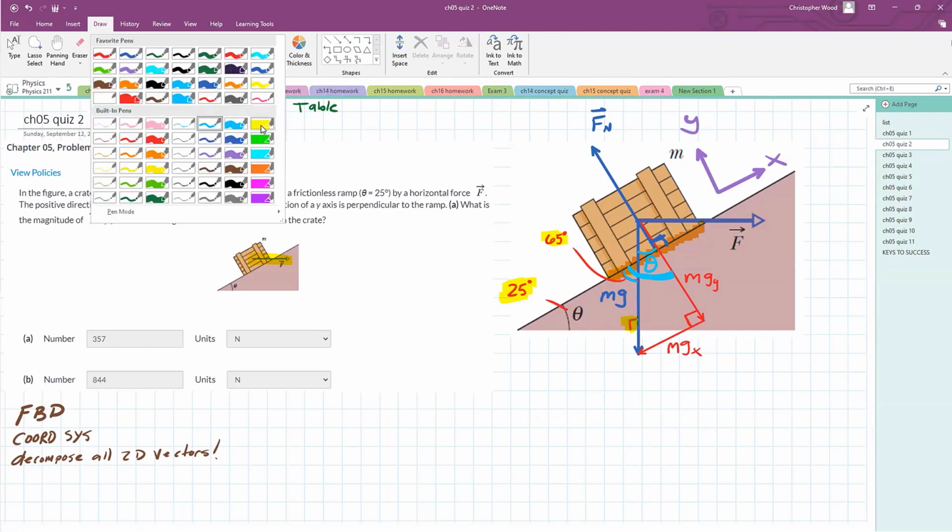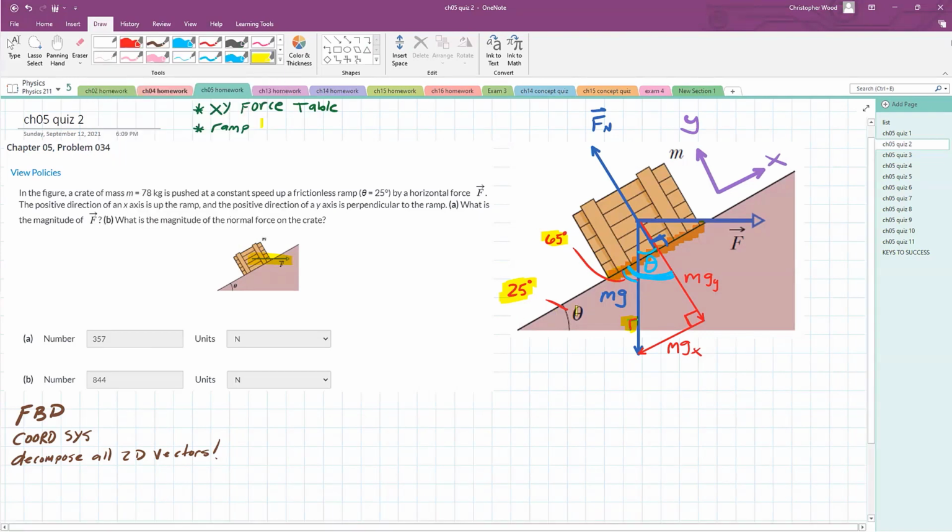So that's how I do it. You can do it any way you want. But the bottom line is this angle theta here is the same as this angle theta right there. And I like that because that's my right-angled triangle. All right, so I'm done decomposing that.